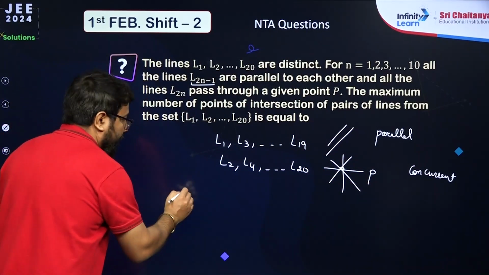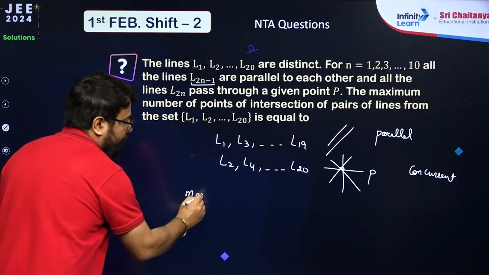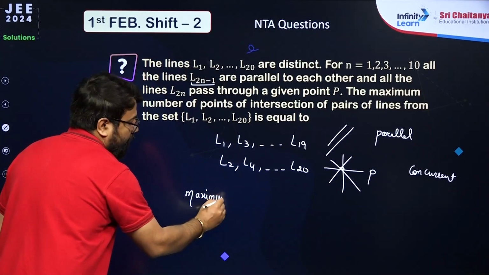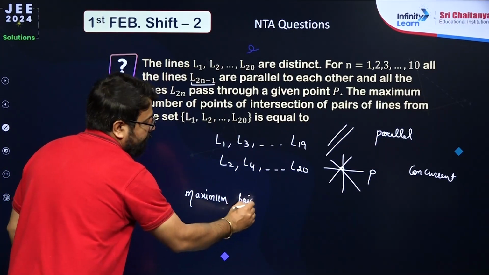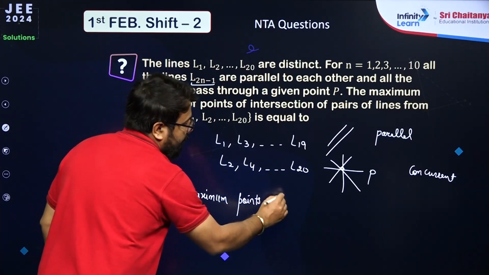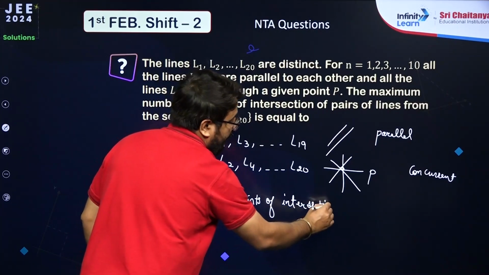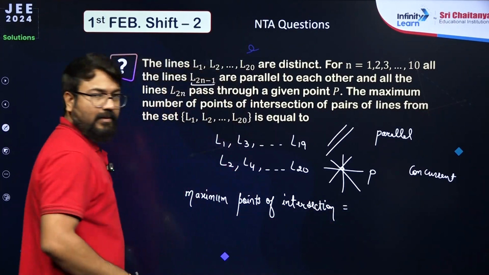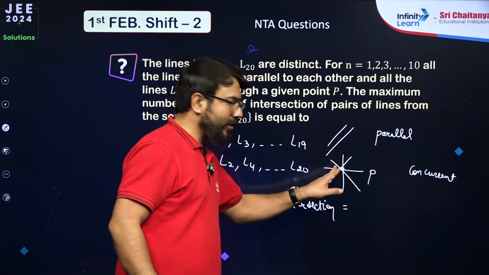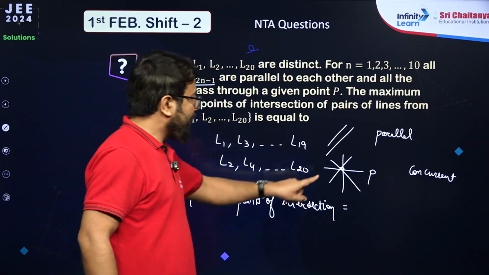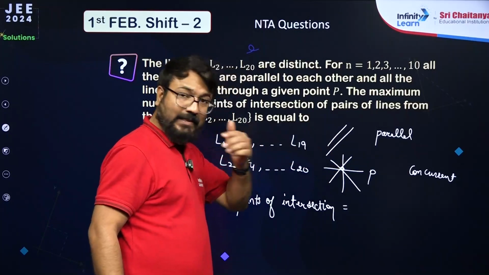Basically, this concept is a geometrical permutation and combination. So what we will do here, since all these lines are meeting at a single point, but these 10 lines can meet with these 10 lines.